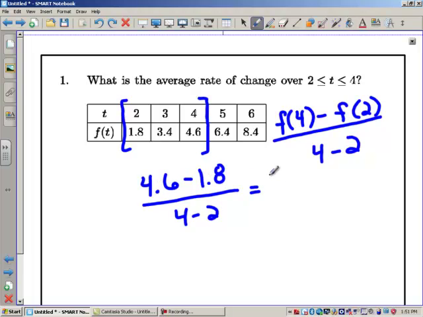What do we get here? This is 2.8 over 2, and when we divide those, we get 1.4. What does that tell you? That the average slope was almost 1.5. So this graph between 2 and 4 was increasing, going up, because we got a positive slope.